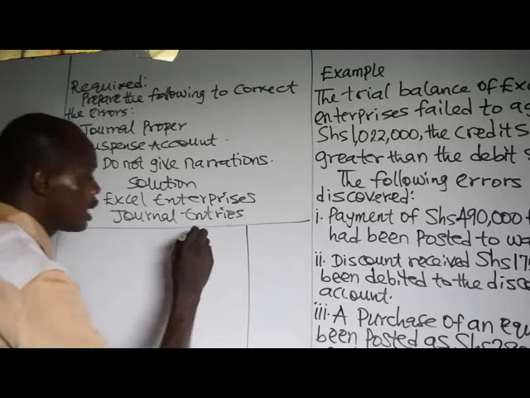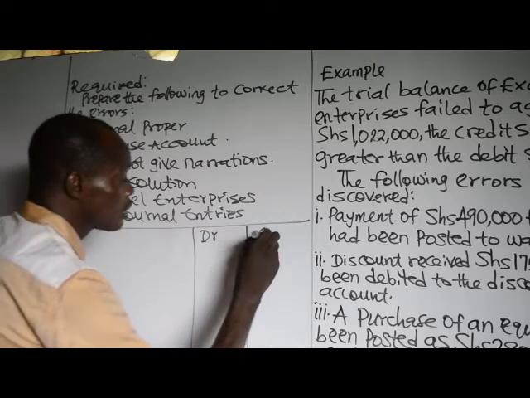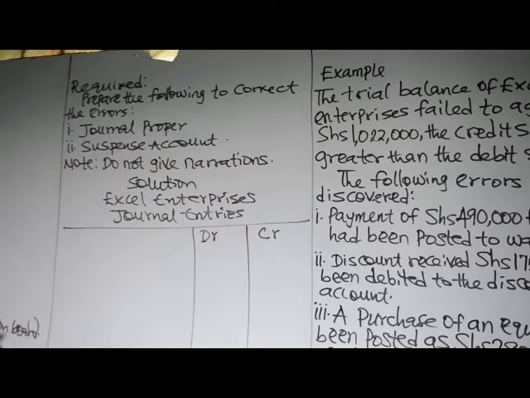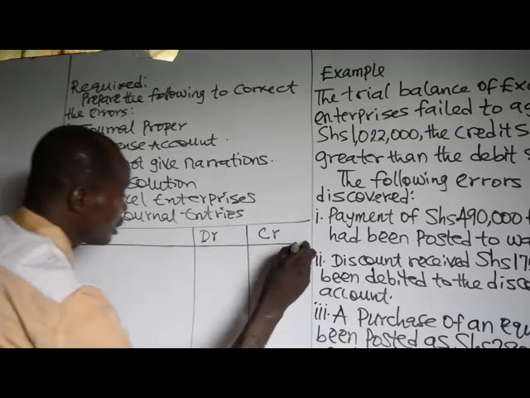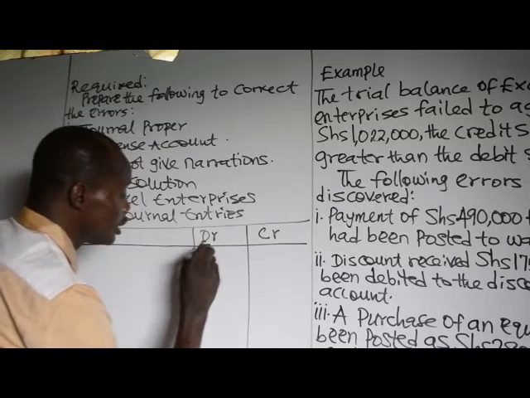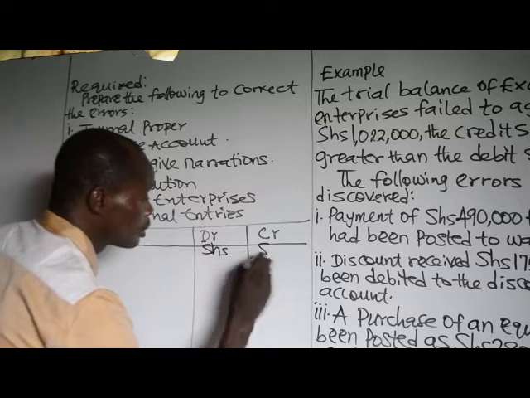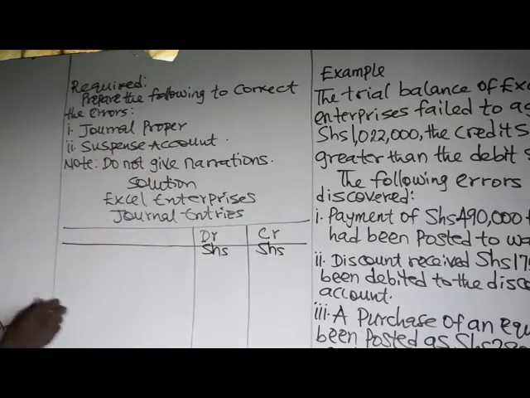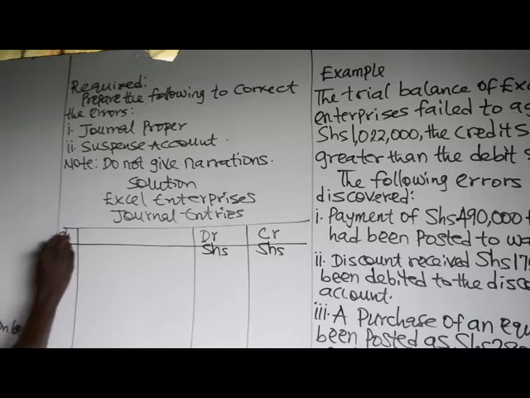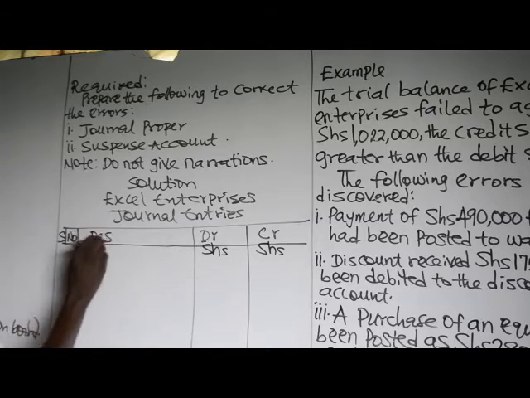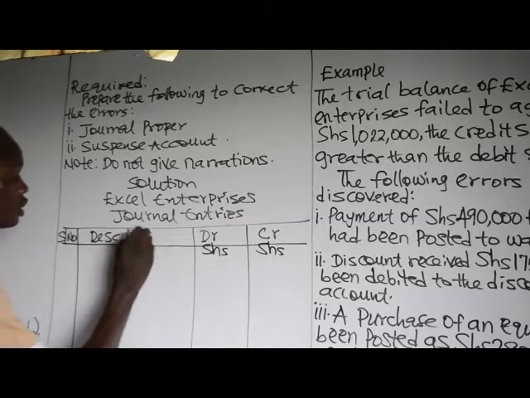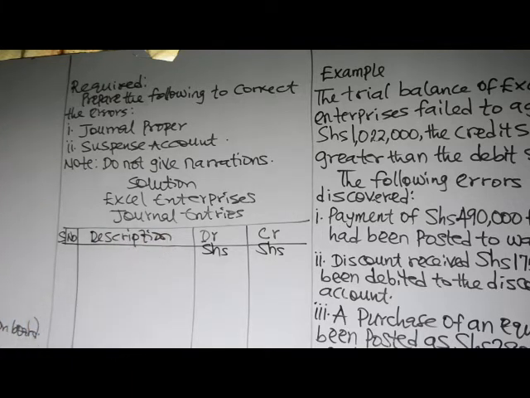So we have the debit side and the credit side. The amount is in shillings, that is the currency. Then let me have the serial number and the description, or particulars.